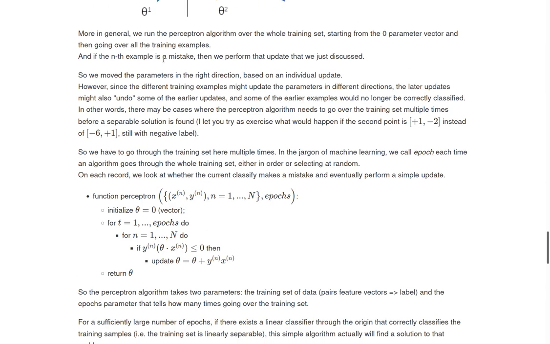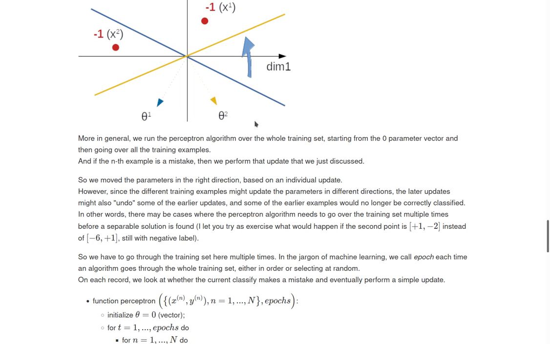More in general, we run the perceptron algorithm over the whole set of training data, starting with parameter 0, the 0 vector, and then we go through all the training examples. If the nth example is a mistake, at that point we perform the update that we discussed earlier. So we move the parameter in the right direction, based on an individual example.